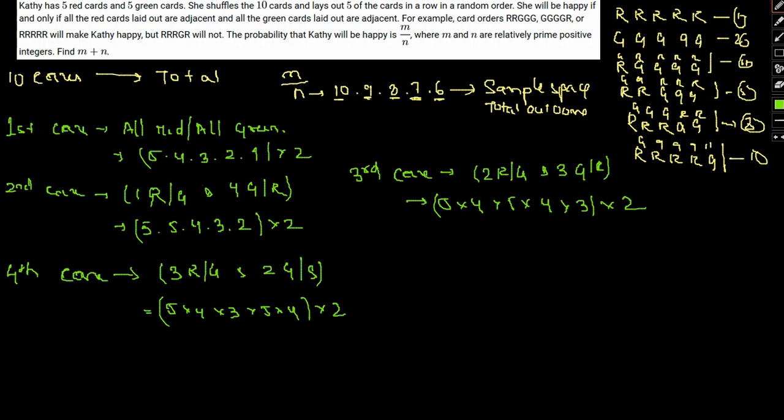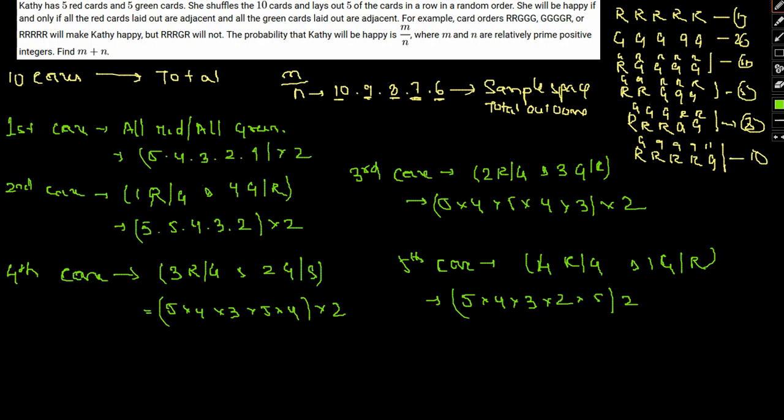And finally the fifth case will be 4 red or green and 1 green or red. That would simply be 5 into 4 into 3 into 2 into 5. I hope this much is clear. Again into 2.